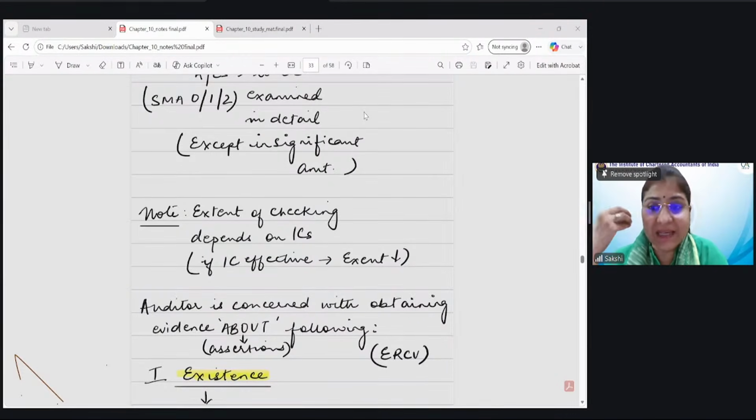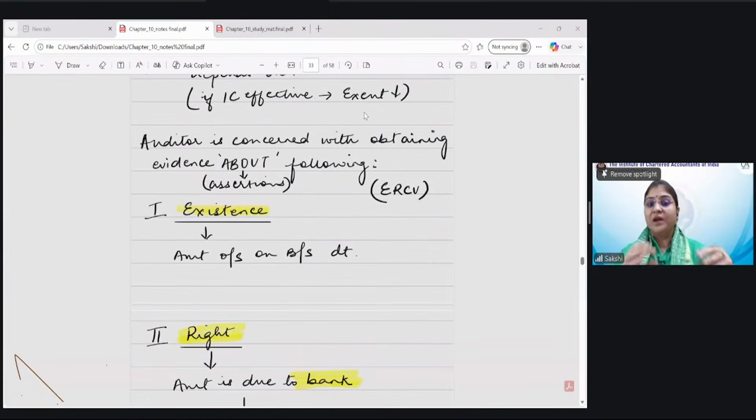These are nothing but assertions, the assertions that we did in the earlier chapters, items of the balance sheet. Do you remember the assertions? We will revise them here. So one question can be what the auditor is concerned about obtaining evidence on, like the assertions. The other is from where he will get the evidence. From where the auditor can obtain sufficient and appropriate audit evidence is a different question, but students get confused between the two. So we will discuss in detail.